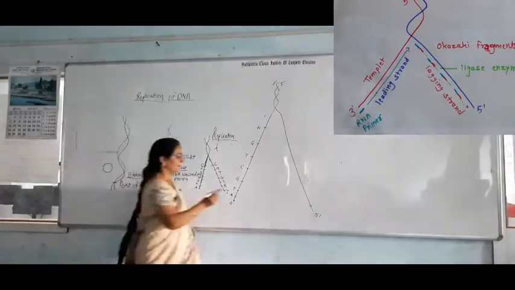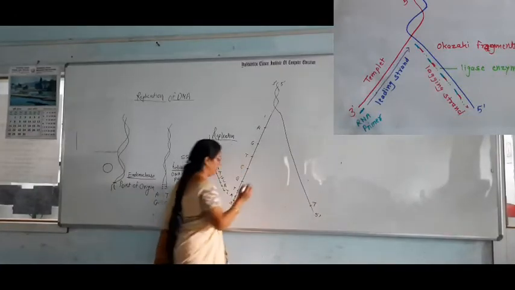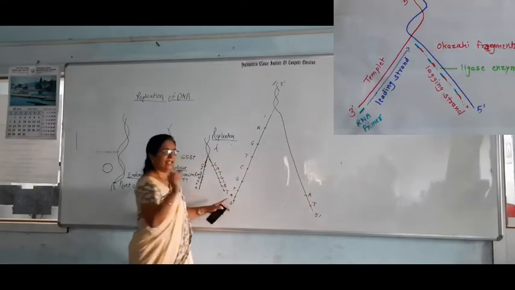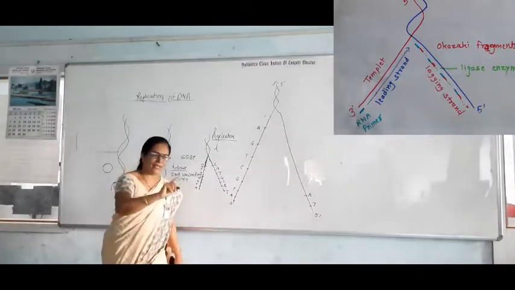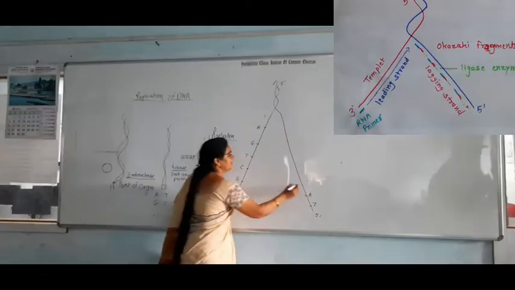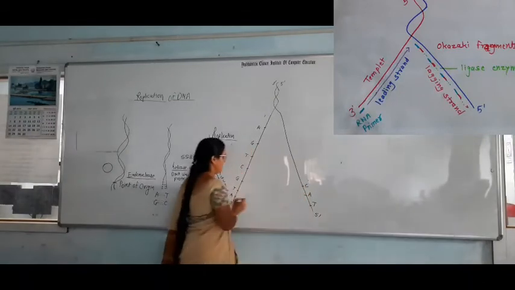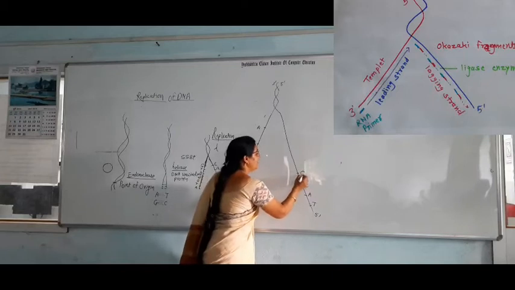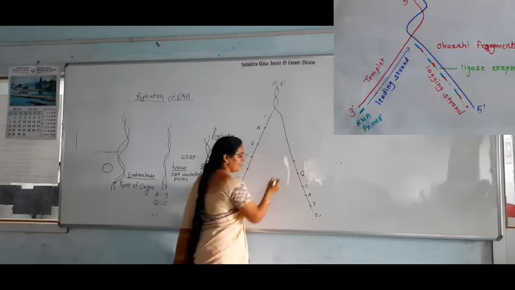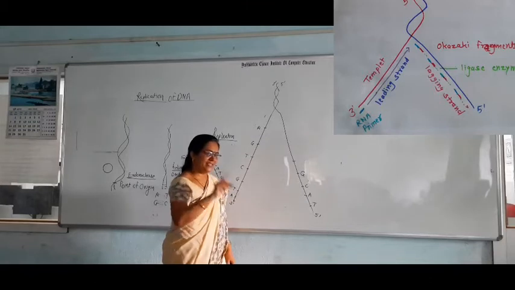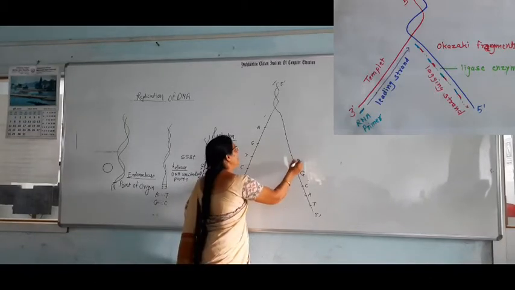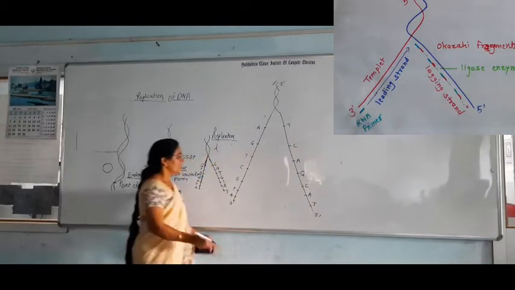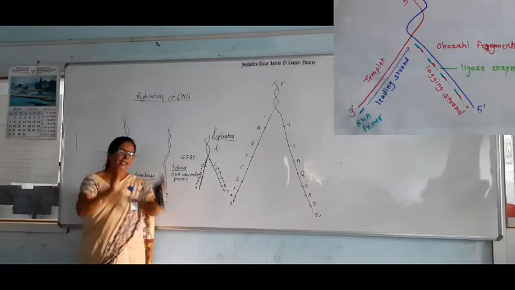A always pairs with T. T pairs with A. G pairs with C. C pairs with G. A pairs with T, T pairs with A, G pairs with C, A again pairs with T. Okay. So these are the two anti-parallel strands.